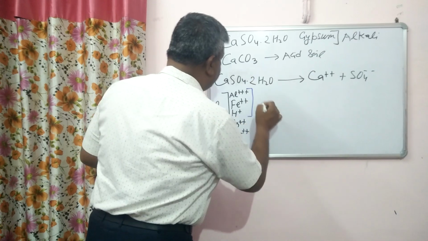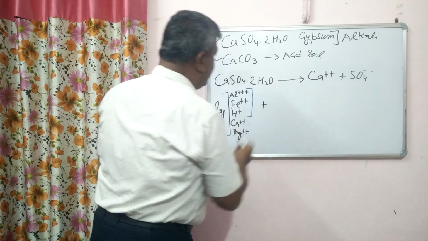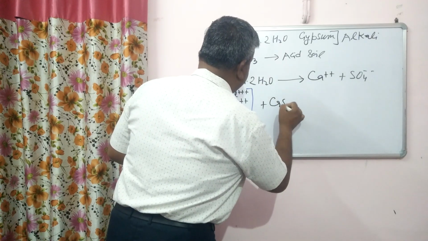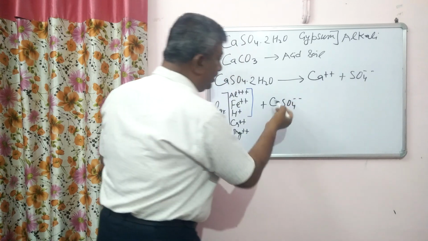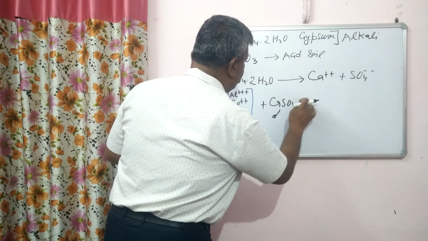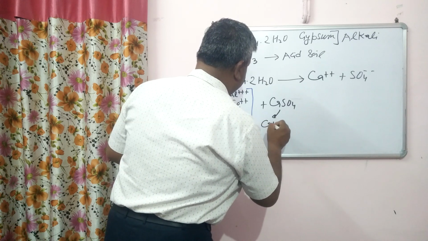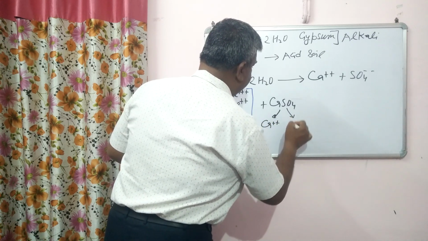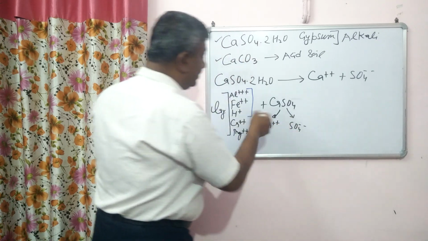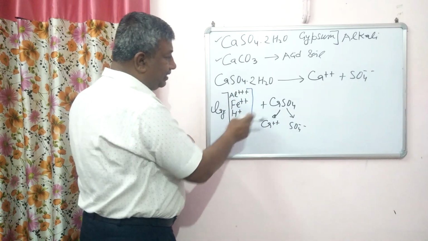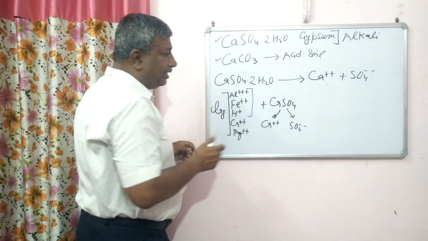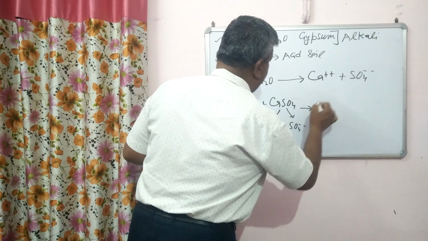And when we add such type of material like calcium sulfate, suppose we are adding calcium sulfate, then it will produce the calcium ion and this sulfate ion, and then this calcium will replace all these cations, and the reaction will be like that.